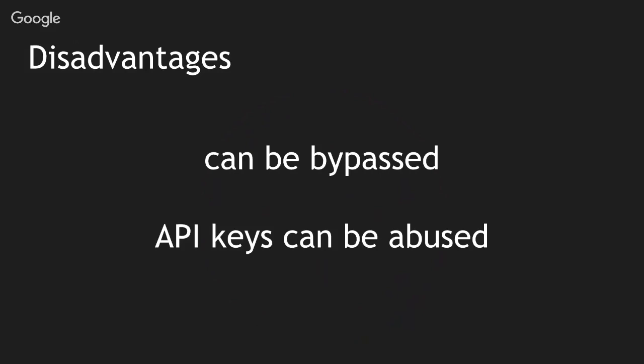So disadvantages can be bypassed, and for now it is bypassed. And the second thing, you remember that I told you that you shouldn't be limiting the API keys.